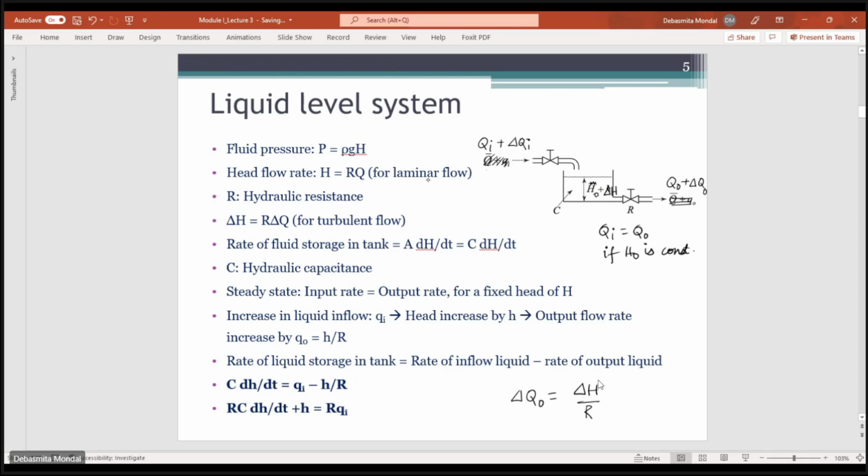So input minus output will give rise to the overall change in the head of the liquid level inside the tank.